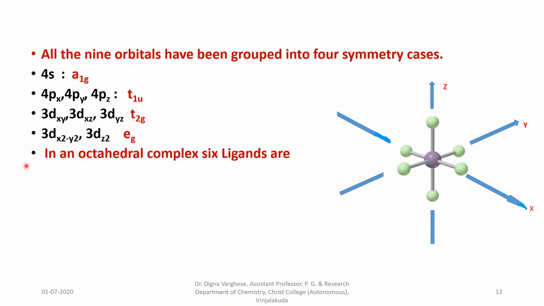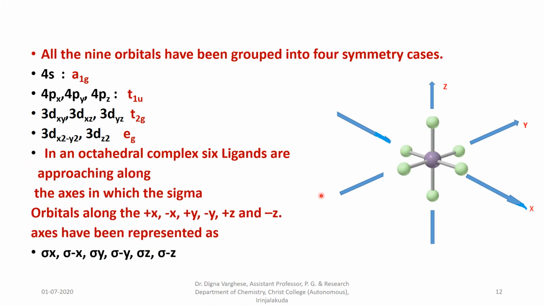In an octahedral complex, 6 ligands are approaching along the axes. According to crystal field theory, in an octahedral splitting, the ligands are approaching along the axes. Ligands approach the metal along the z-axis, along the y-axis, and along the x-axis.